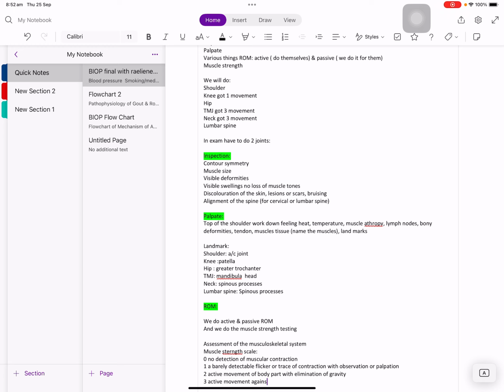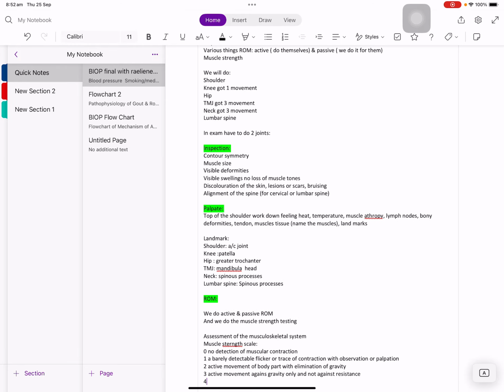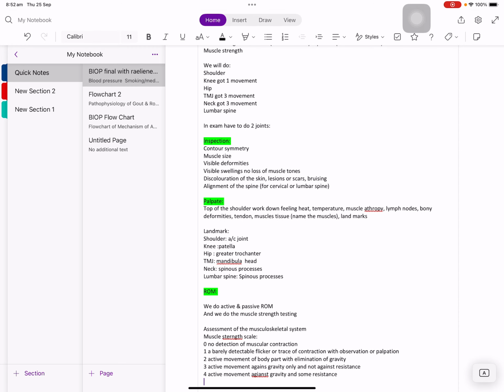You can test against gravity or not against resistance, but there's too much detail here for today. So for today, just know that when you go testing your partner, it's going to be a 5+.